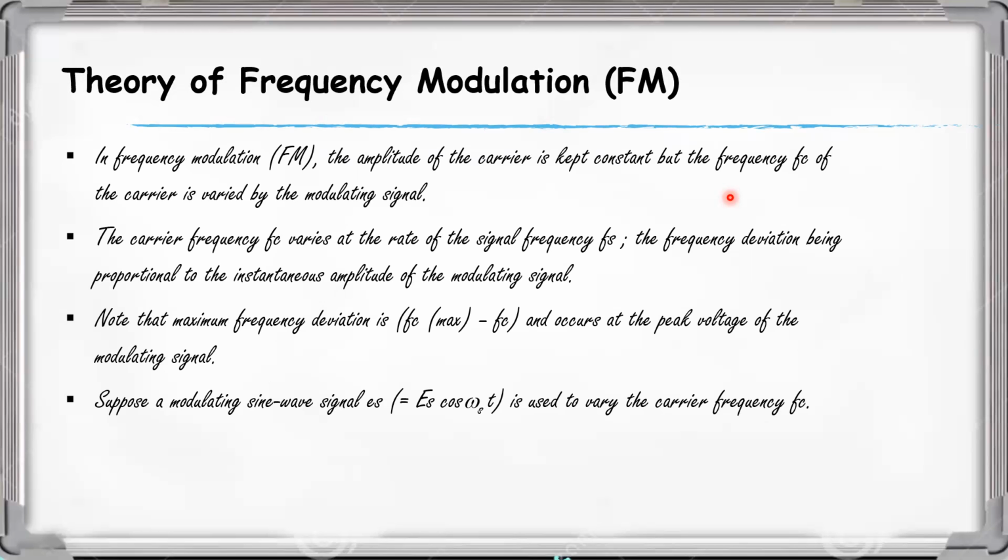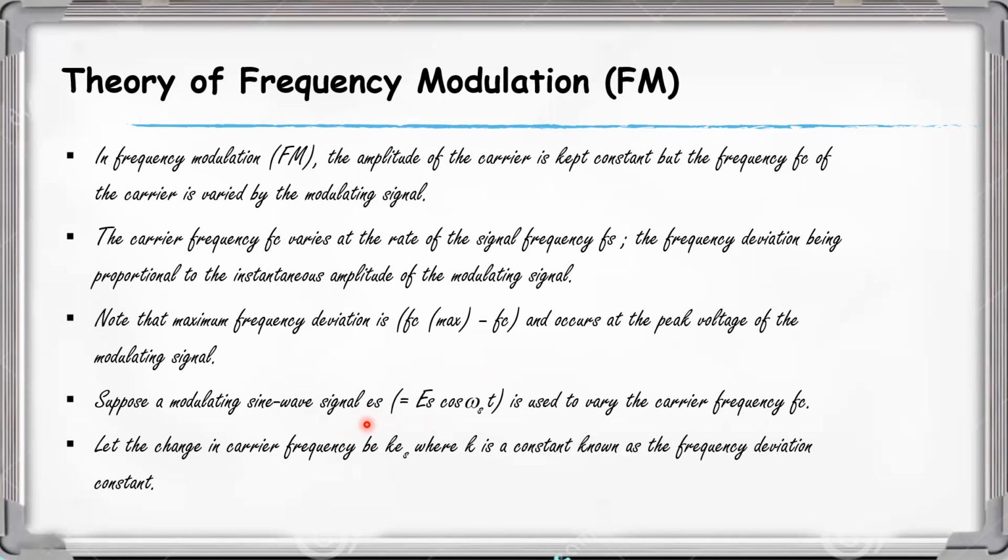That is, the signal is represented by Es, where small es is used to express the instantaneous sine wave signal. Let the change in carrier frequency be k times es, where k is a constant that is known as the frequency deviation constant.